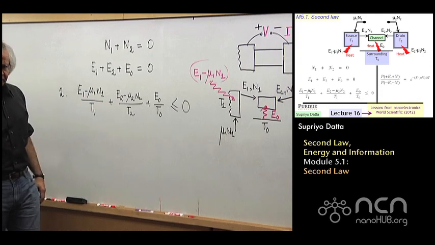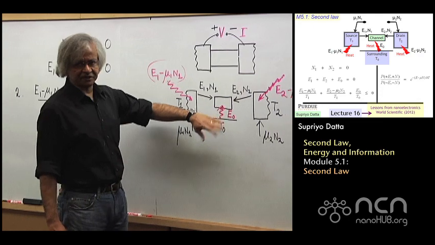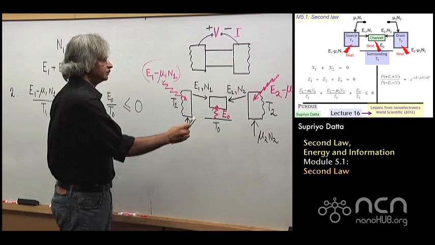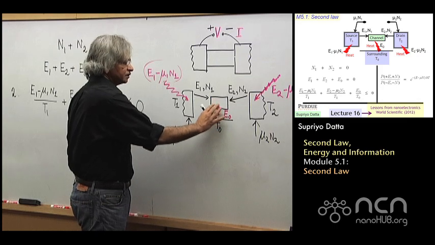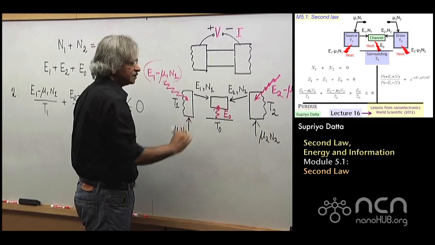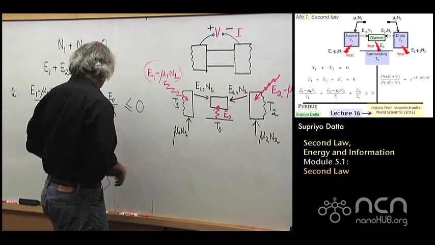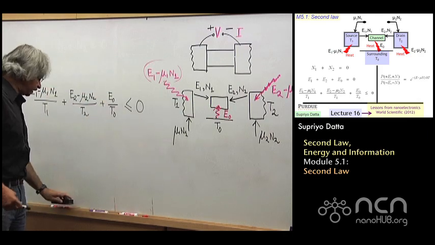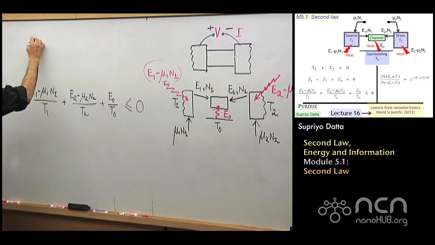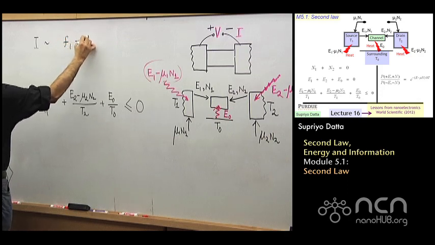The answer is that one thing you can easily check is an elastic resistor, that is, if there were no energy dissipation in here, if E0 is 0, like we have been doing in general. As you know, for an elastic resistor, we wrote the current flow as proportional to F1 minus F2.